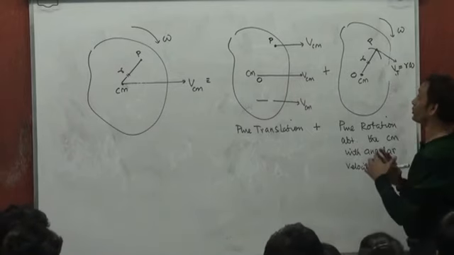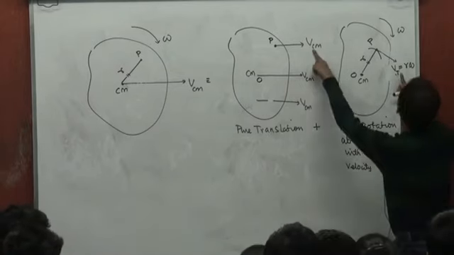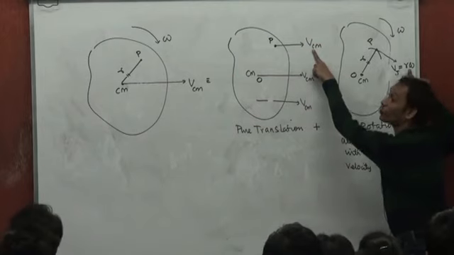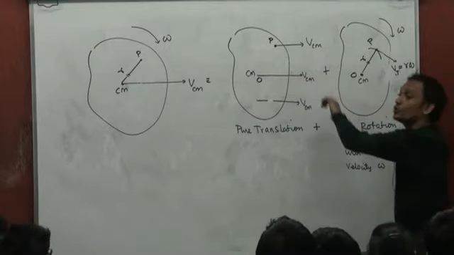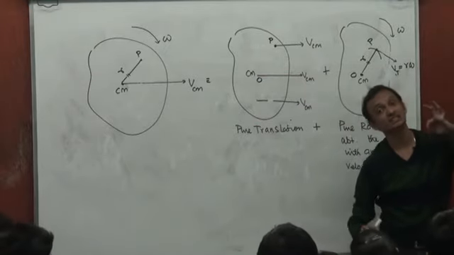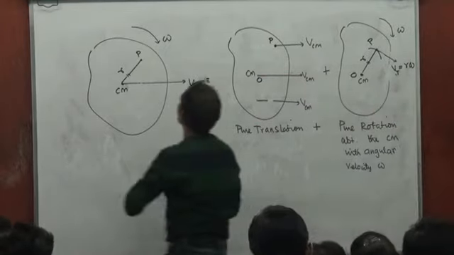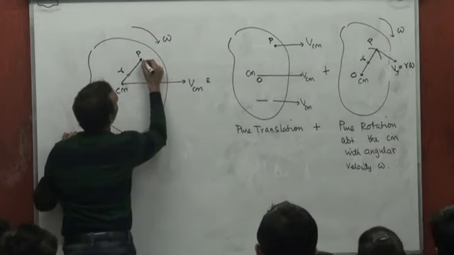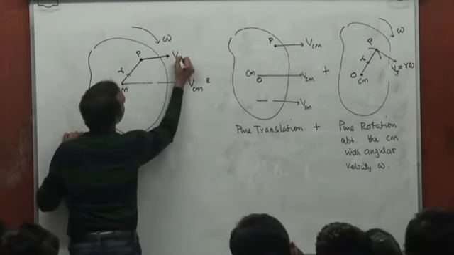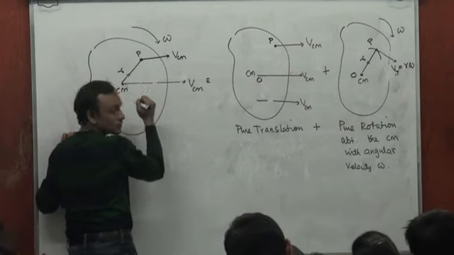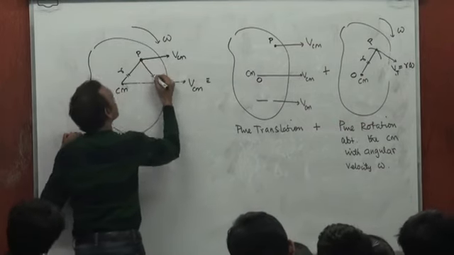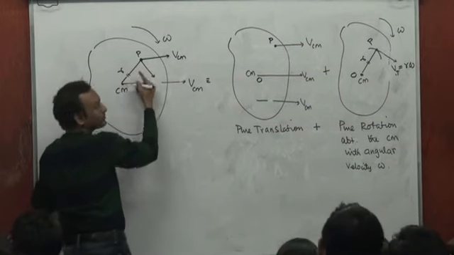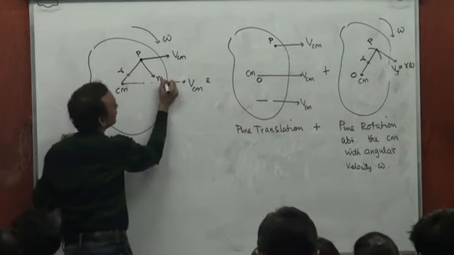The net velocity of the point P would be the vector sum of this Vcm and this r omega. So this point P has a velocity Vcm because of pure translation, and because of pure rotation, it has a velocity perpendicular to r, which is r omega.